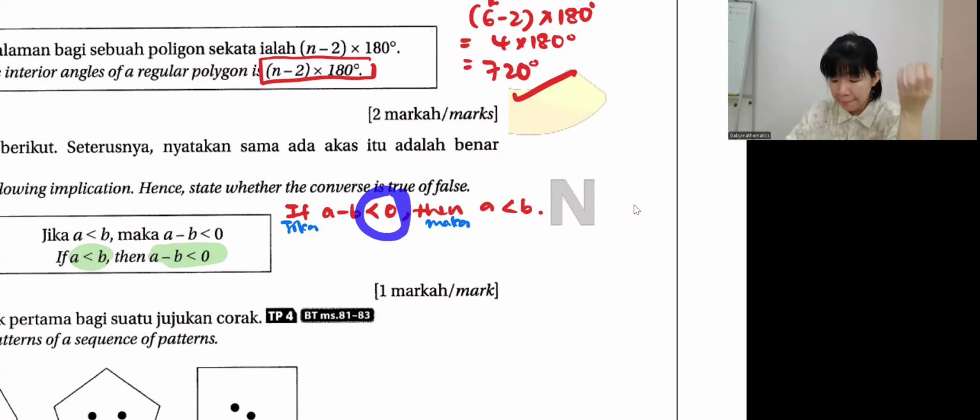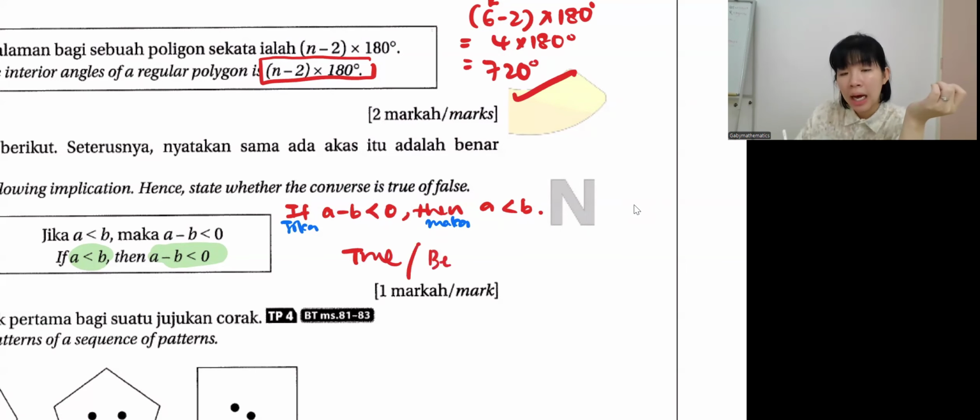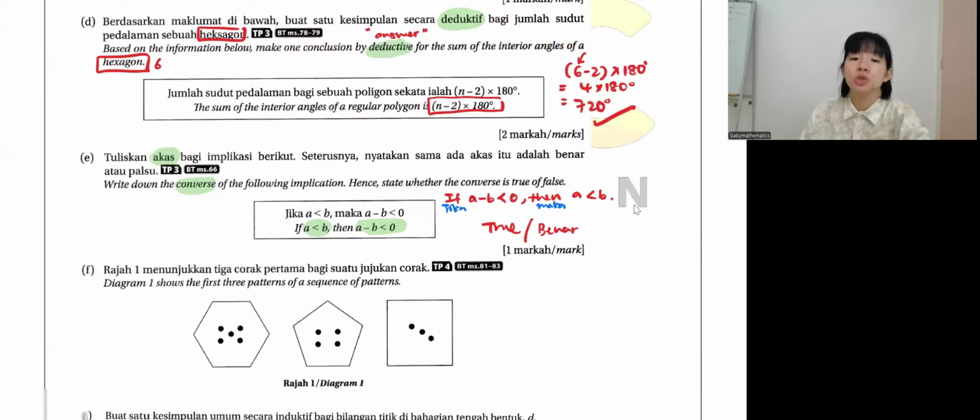Any number minus another number that gives a negative means A is smaller than B. So this saying is true. Yes, benar. A smaller number minus a bigger number, you will get negative. So which means A is smaller than B. So this one is true.